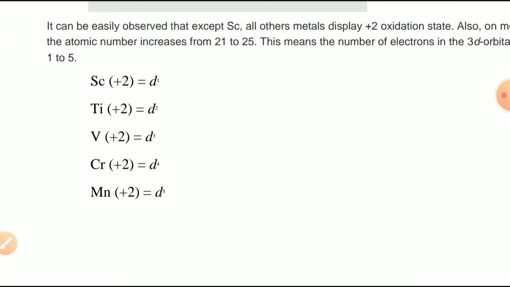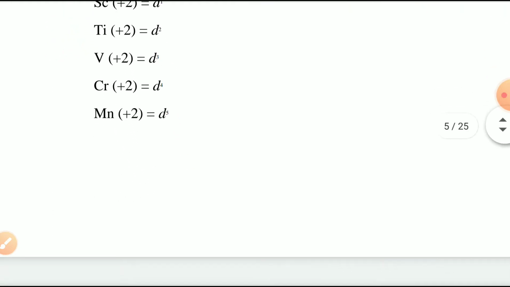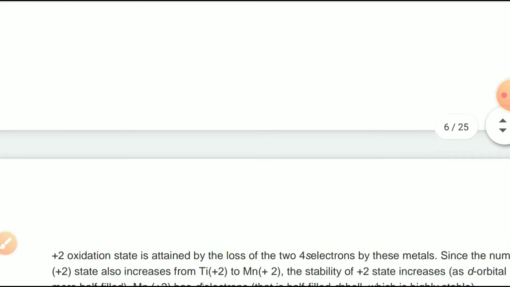So scandium is having 3d1, titanium 2+ is having 3d2, vanadium 2+ is having 3d3, chromium 2+ is having 3d4, manganese 2+ is having 3d5. Electronic configuration: d orbital electrons.